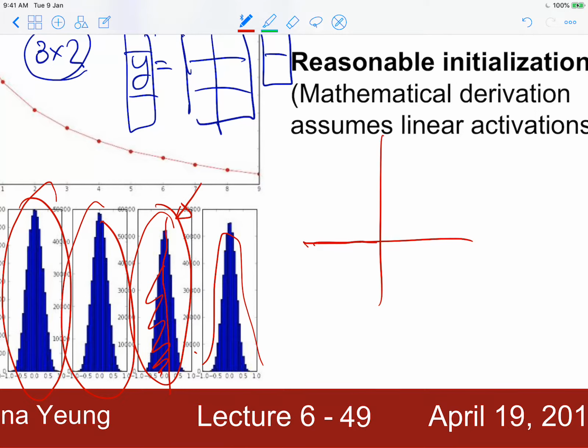It will be something like this, right? Half of them are gone for this negative part, and thus the variance of our random variable became approximately half of the original value once we pass the ReLU unit, right?